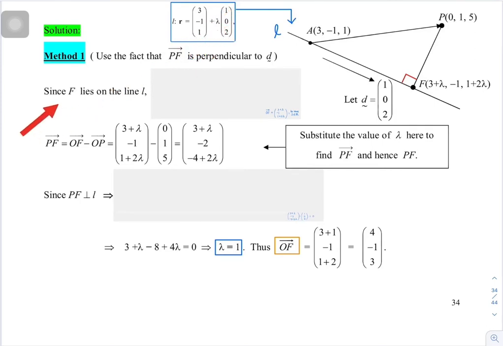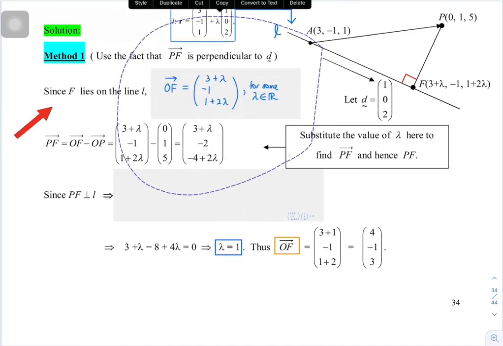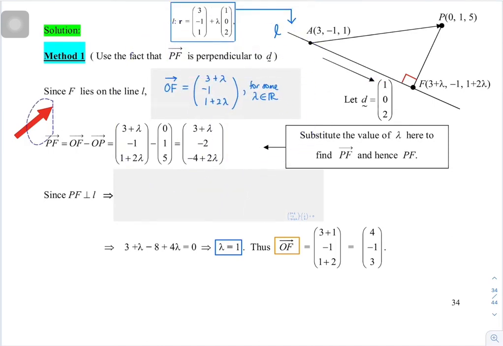So since F lies on the line L, the position vector of the point F is still unknown, but we can actually write the position vector in terms of lambda using the vector equation of L itself. So OF is given by this column vector for some values of lambda. If we are able to find the value of lambda, then we have found the position vector of F.